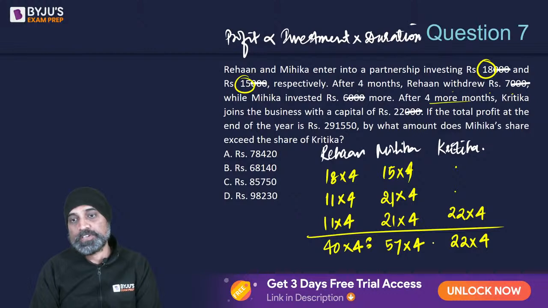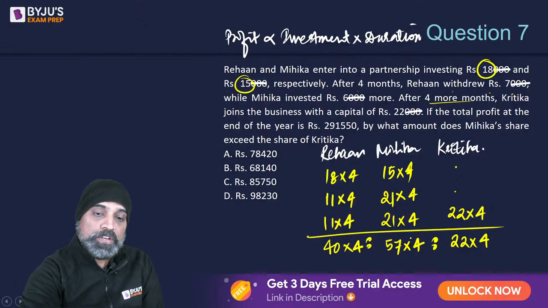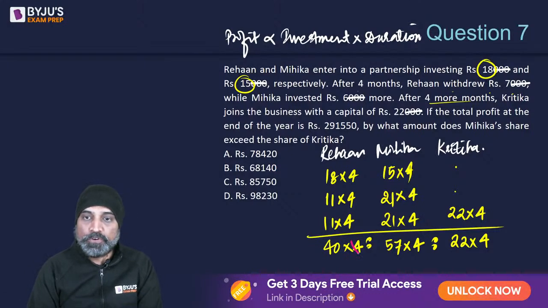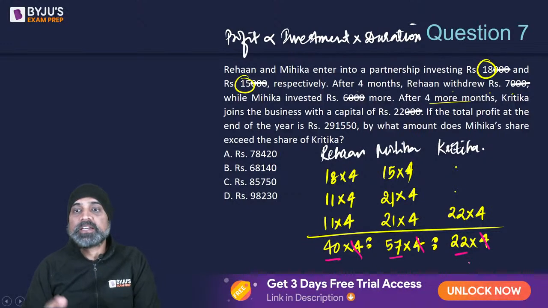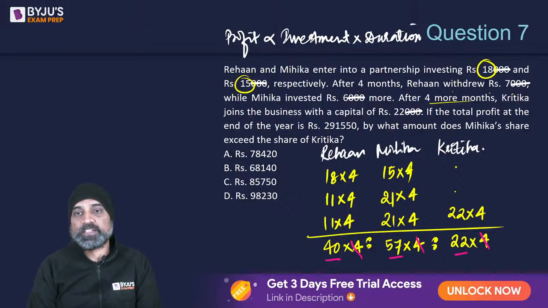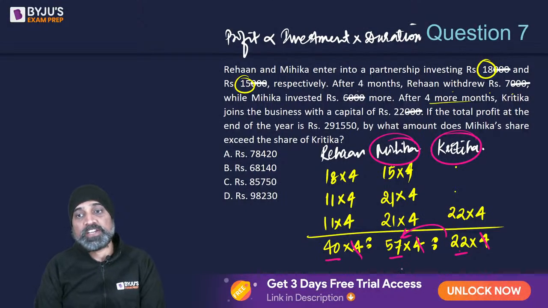So this is the ratio in which they will be getting their profit share. Now, if you look at this, 4 is common, so we can get rid of it. We can't get rid of anything from here, right? Now, the question is, Mihika's share exceeds that of Kritika. So we are talking about Mihika and Kritika. So if you look at this, can we say Mihika's share is 35 rupees more than Kritika's?